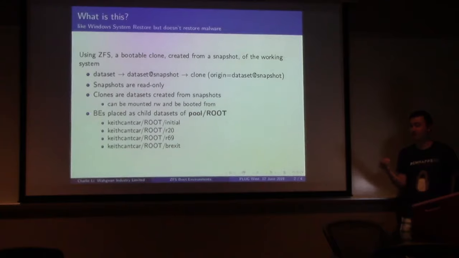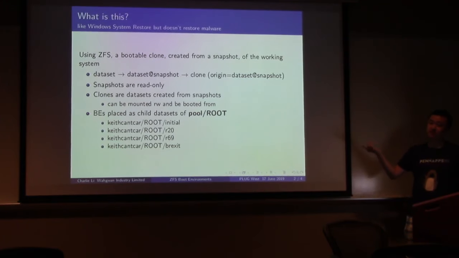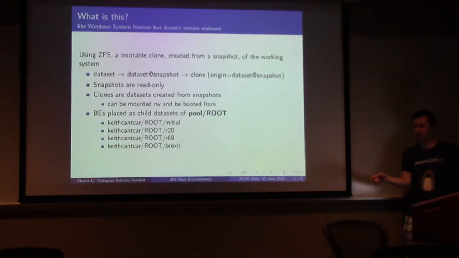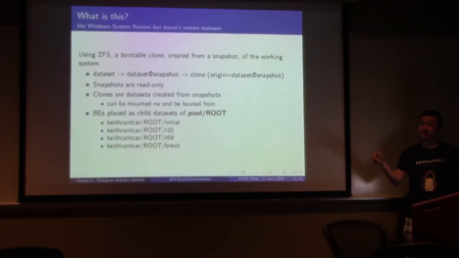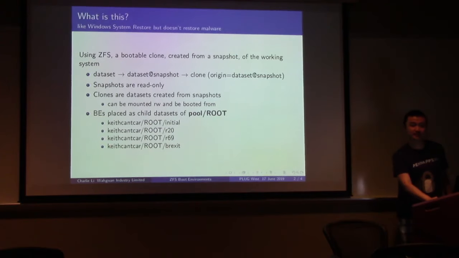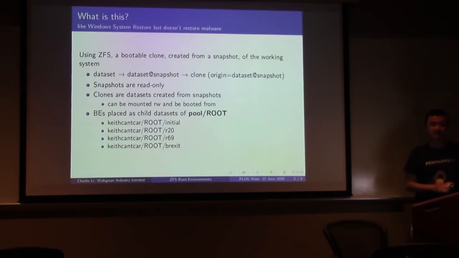Then when you want to update your system, you create the new boot environment, which snapshots the initial one right when you create it, and also creates a clone from that snapshot. Then you do your update and boot into the new boot environment, and if you want to update from there, it will snapshot the new one and keep going that way. So you snapshot your new environment, not your original data set.